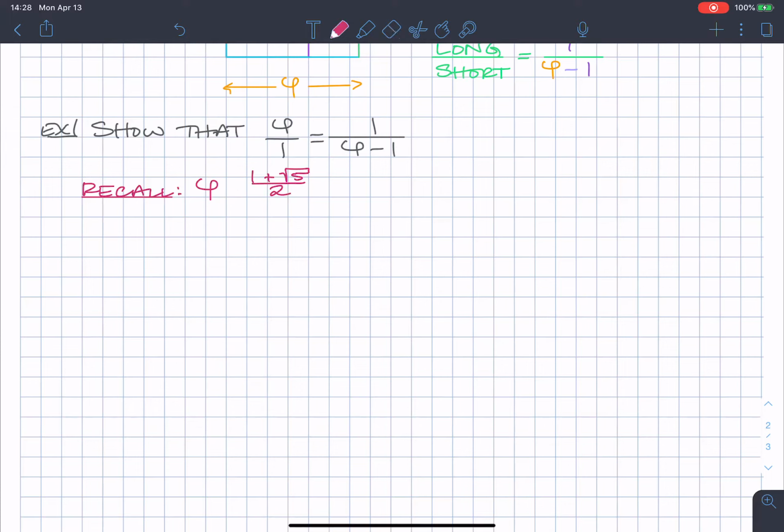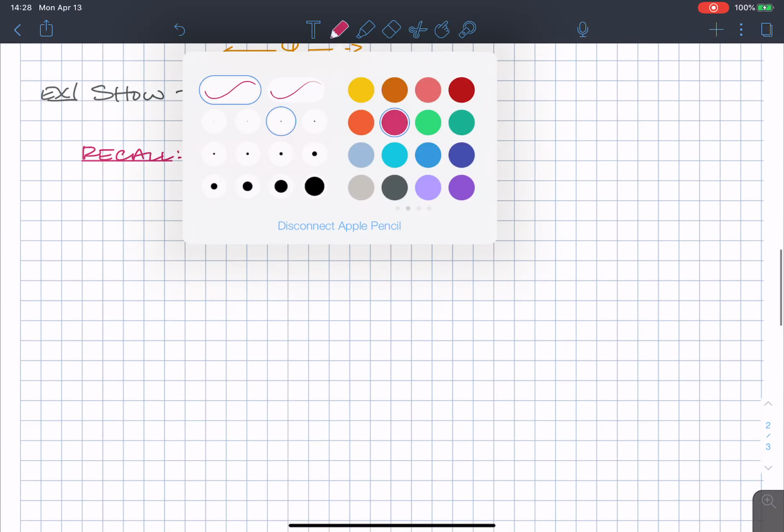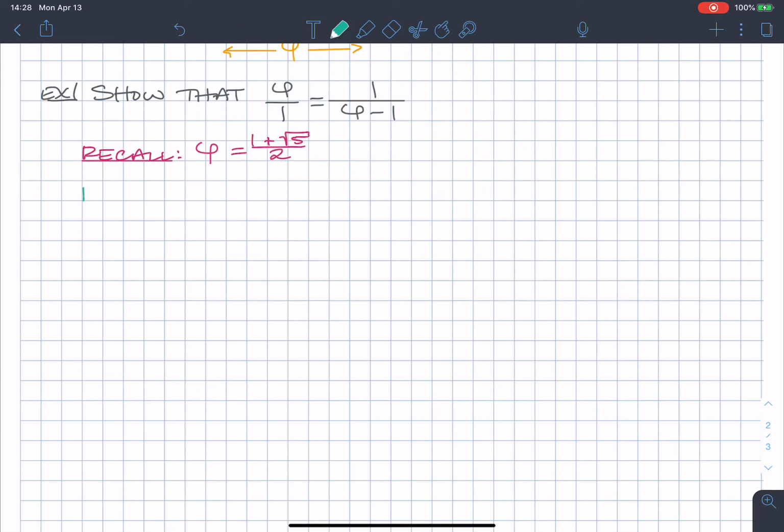What am I saying? Okay, so let's note, what is phi minus 1? Maybe I can simplify that before I look at the fraction. So phi minus 1, what's in the denominator there, will be 1 plus the square root of 5. Actually, let me color code it. Let's call phi orange.